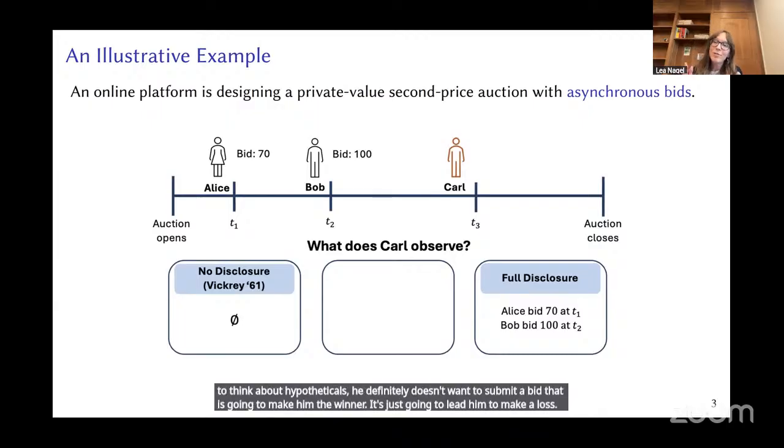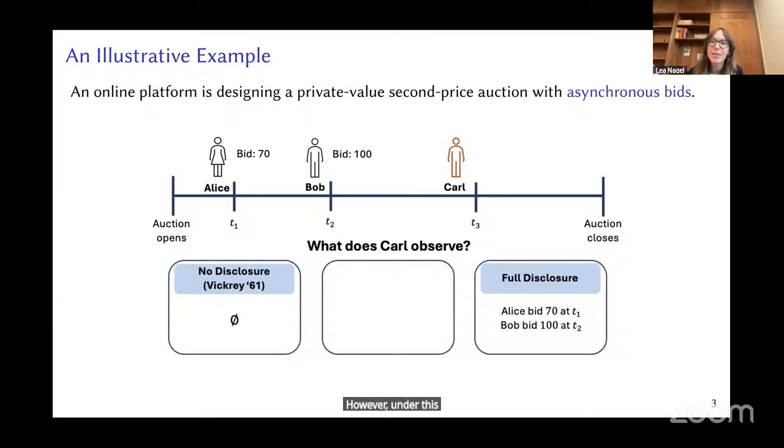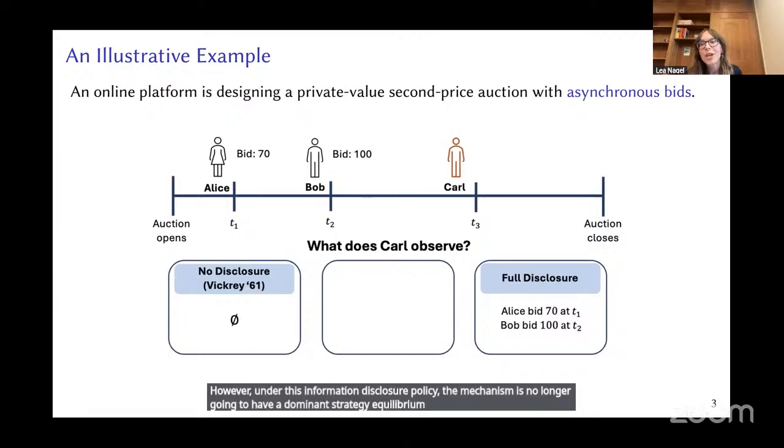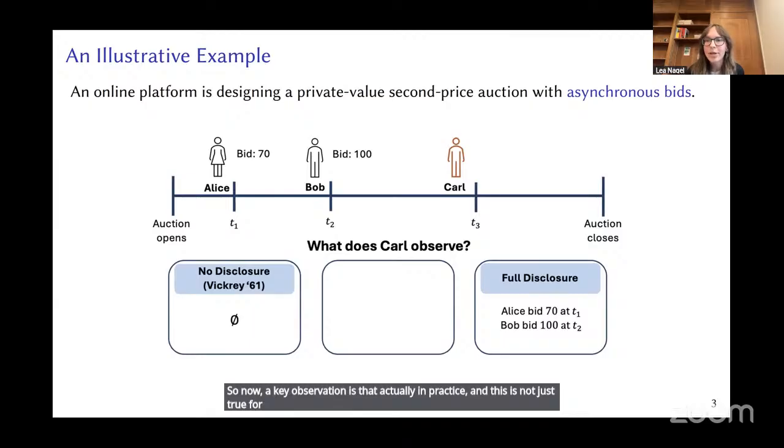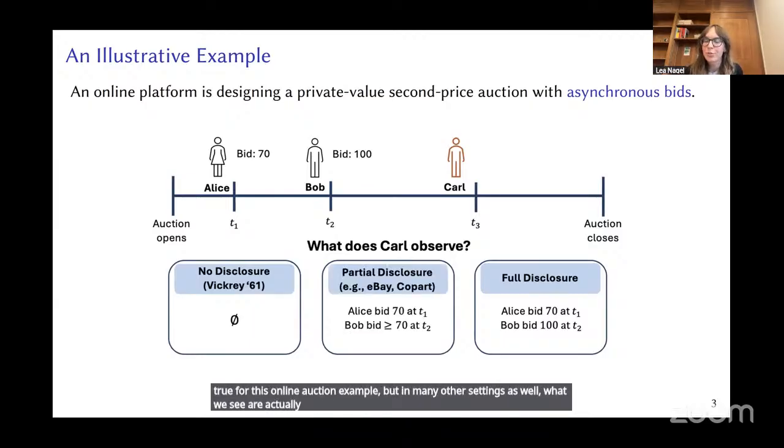Okay. However, under this information disclosure policy, the mechanism is no longer going to have a dominant strategy equilibrium. So in general, bidders are now going to want to think about how the bids that they submit affect what others can see and what actions they're going to take in response. Okay. So now, a key observation is that in practice, and this is not just true for this online auction example, but in many other settings as well, what we see are actually partial disclosure policies.